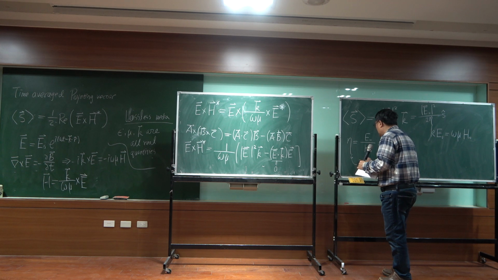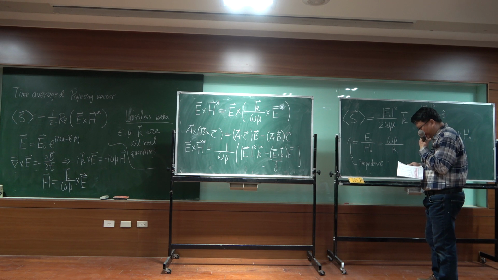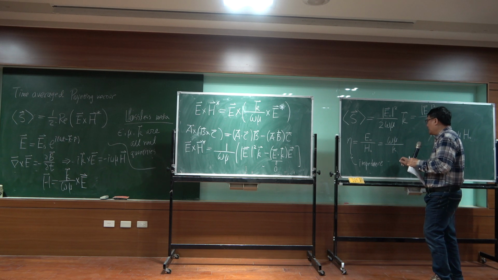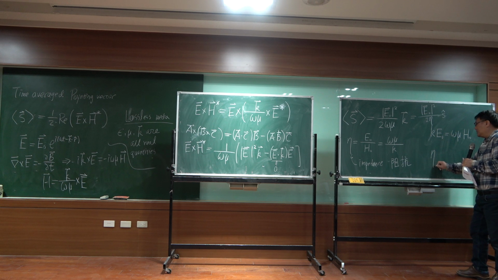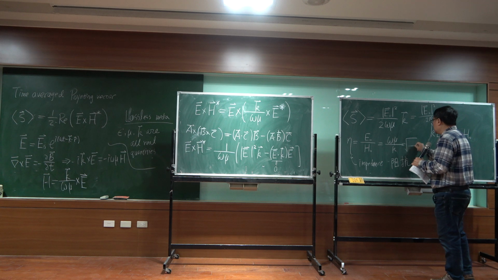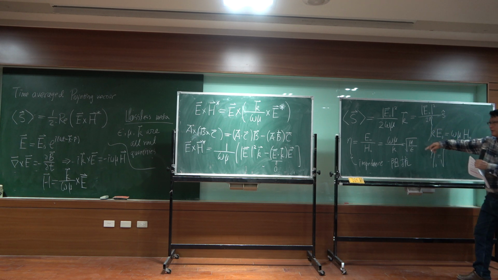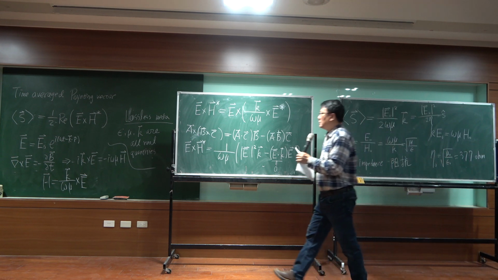Here eta is called impedance, 阻抗. In vacuum, eta 0 is equal to this, you can check this result. The value is about 377 ohms. Okay, let's take a break here, 10 minutes.